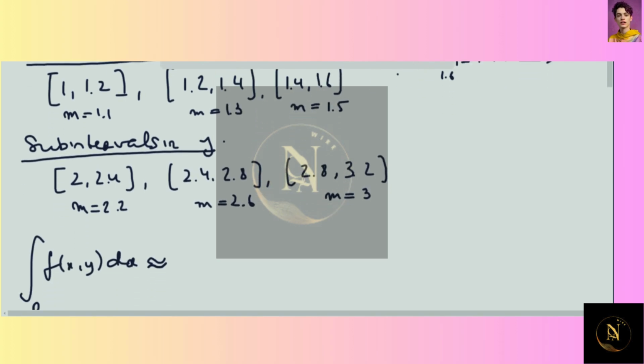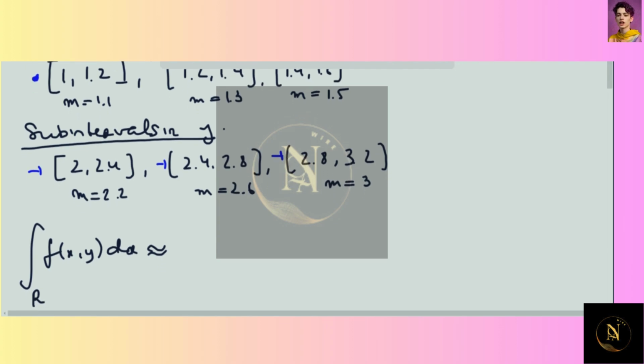Let's start with the first subinterval here of x. I'm going to call it the blue term, and we're going to make the combinations with this one, and with this one, in which case I will have f at the midpoint of this one and this one, so f at 1.1, 2.2, times the area of this rectangle, but the areas will always be the same, right?